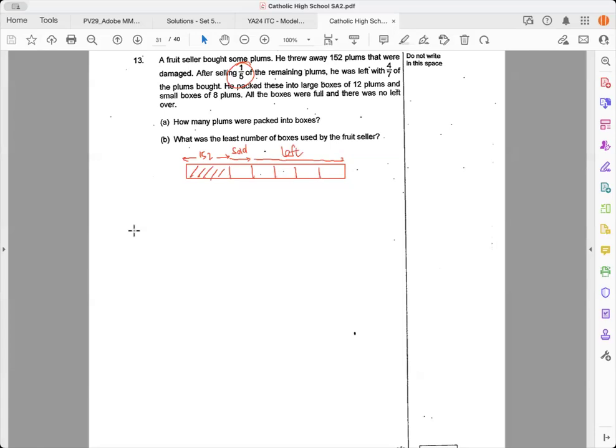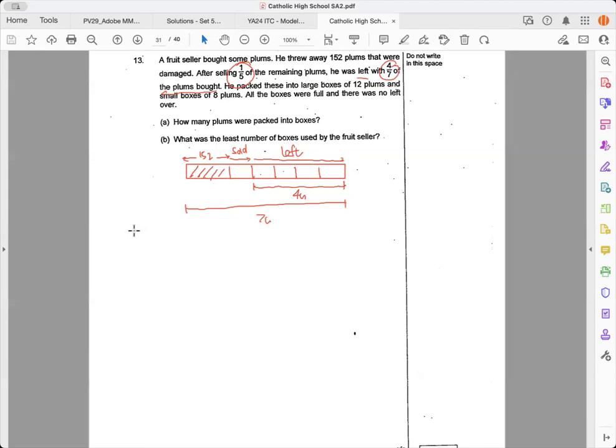And what they say here is that he was left with 4/7 of the plums bought, meaning this whole thing must be 7 units, right? 7 units, and this is left, 4 units. 4/7 of the plums bought. That means all the plums bought is 7 units. 4 units is left, which is this 4 units.